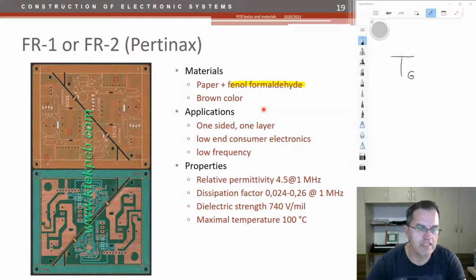They are more or less brown, opaque. They are one-sided, so tracks on one side, components on the other. Low-end consumer electronics, high volumes, low price, low frequency. All these properties tell you that they are not intended for high frequencies and also not for high temperatures.